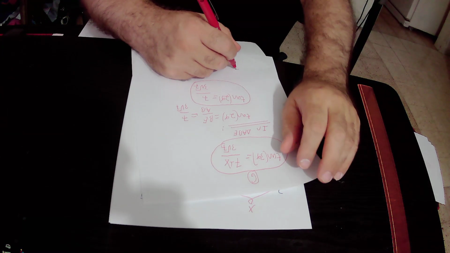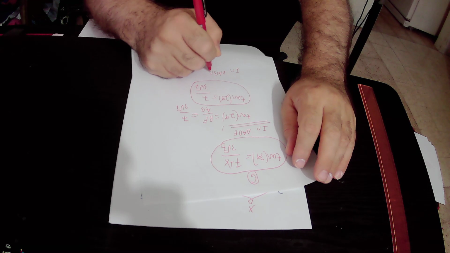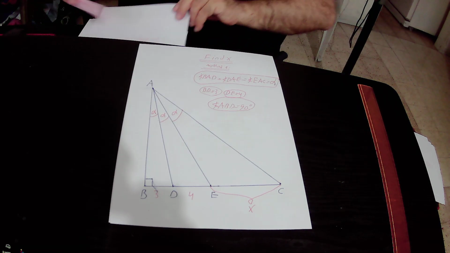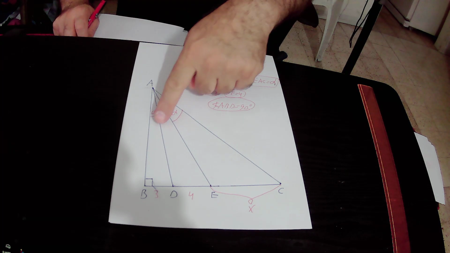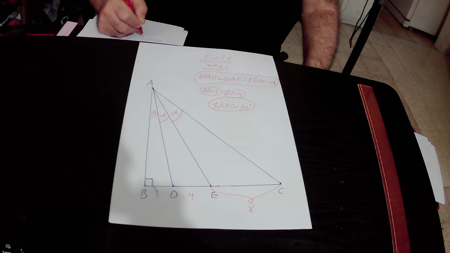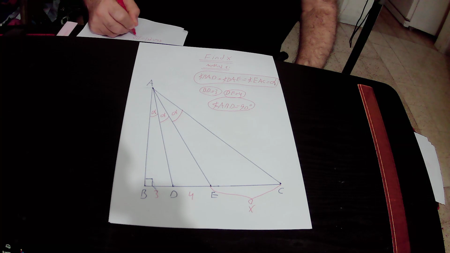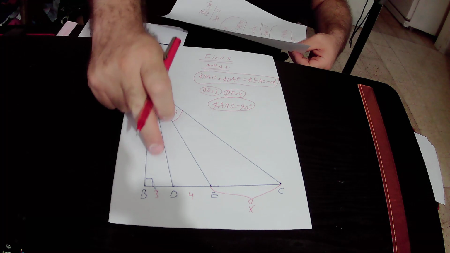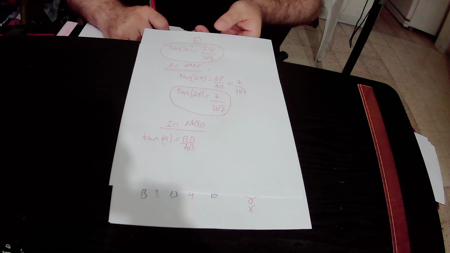So, in the right triangle ABD, we know that tangent alpha equals BD over AB.